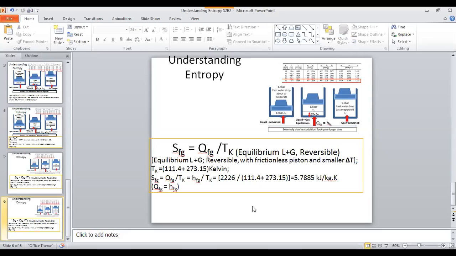And we have SFG as QFG by TK, equilibrium and also reversible. QFG is the heat.